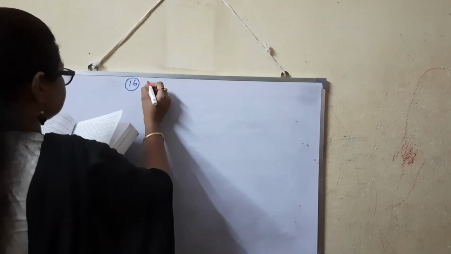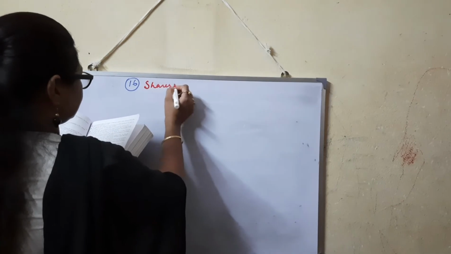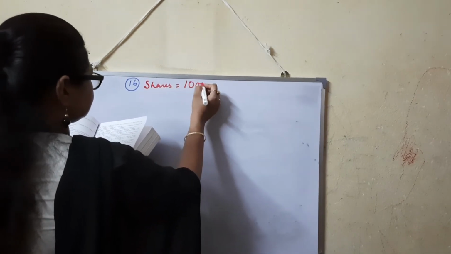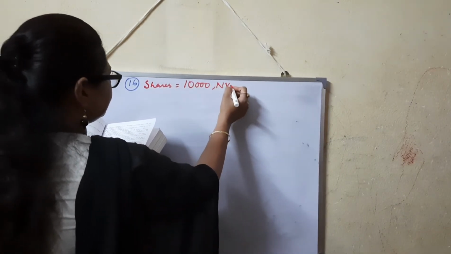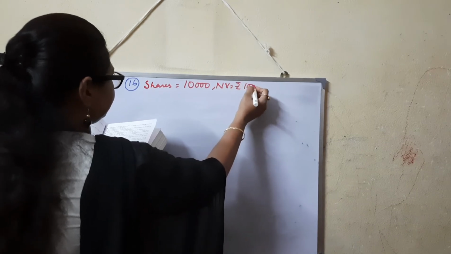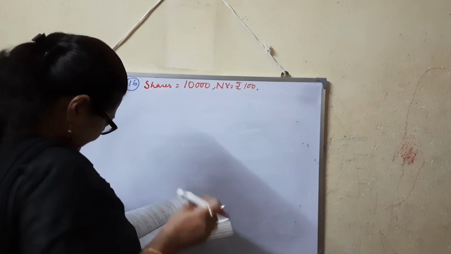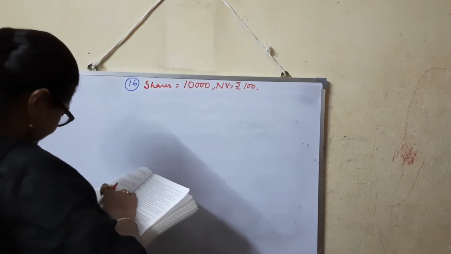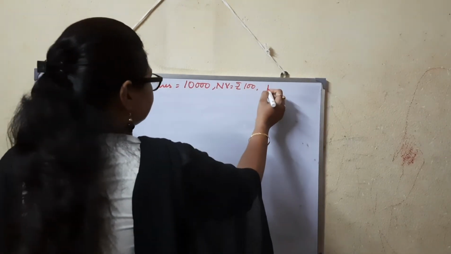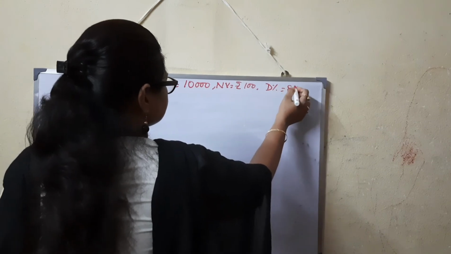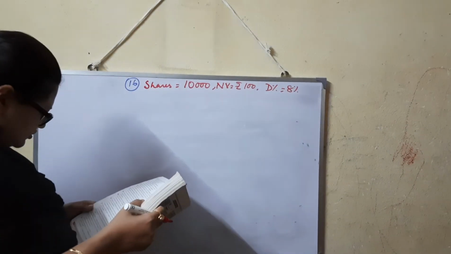So number of shares 10,000. Nominal value rupees 100. Declares an annual dividend of 8% to the shareholders. Fine. Dividend percent equal to 8%. It is declared to the shareholders.